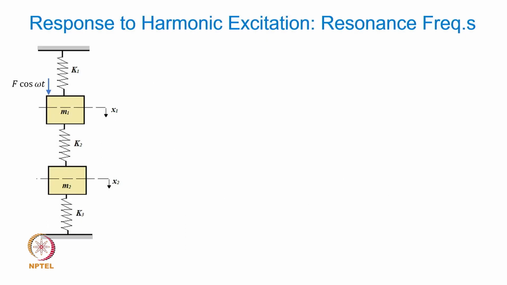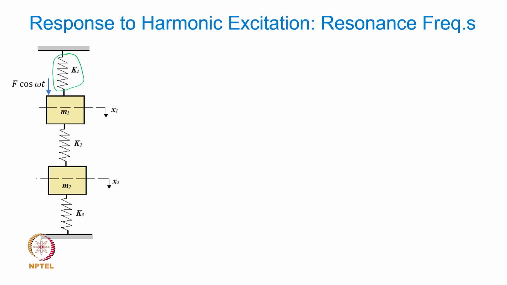Now, for the sake of some illustration, I am including this spring, although in reality in that particular physical system that we considered, there is no spring from the top, but there is a reason why we are doing it for this particular small discussion. So this system is the one which we discussed in an introductory lecture of 2 degree of freedom systems, right?